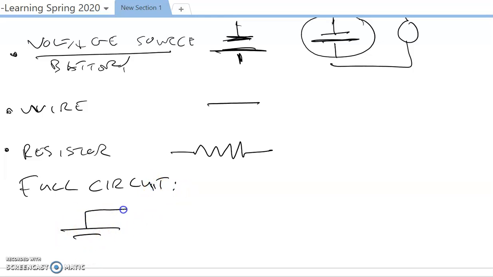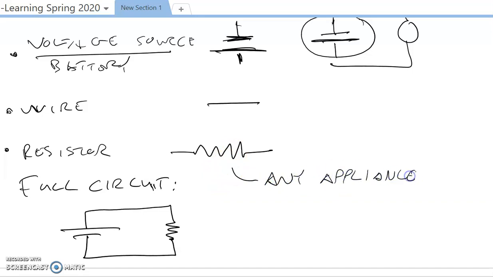Voltage source, wires, one resistor, and then back to the voltage source. So here's your battery, here's your wires, here's your light bulb, and then this goes back over. That symbol we use for any appliance. It could be your hair dryer, your dishwasher, anything that you plug in or use a battery for, we'll represent it with that symbol.